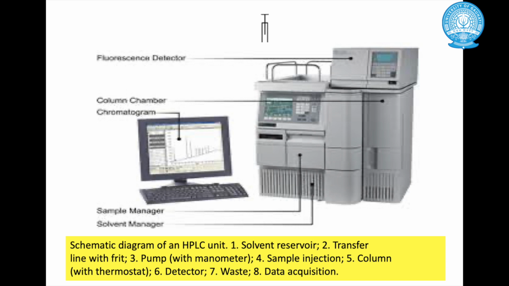Electrochemical detector is another detector wherein reaction products can be quantified, and when there is redox type of reactions taking place, the quantification of such reaction products and the reaction itself can be done with the help of electrochemical detector, and its limit of detection is 10 raised to the power minus 9 gram per ml.